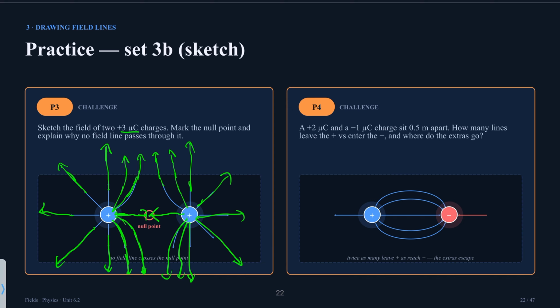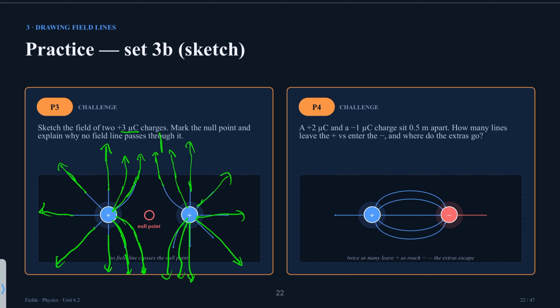So what are they going to both do? They're both going to cancel, and there's going to be nothing there, a null point. So even if you placed a little electron right there, you would feel attracted to both of them, but it wouldn't move anywhere because the fields cancel over there.